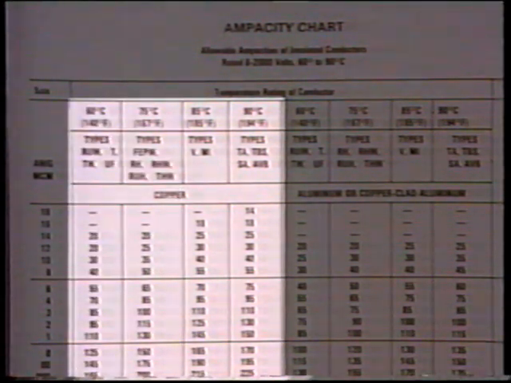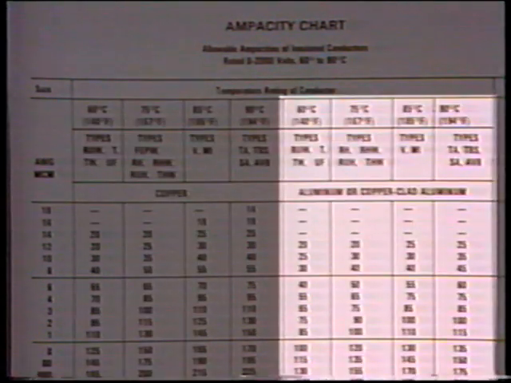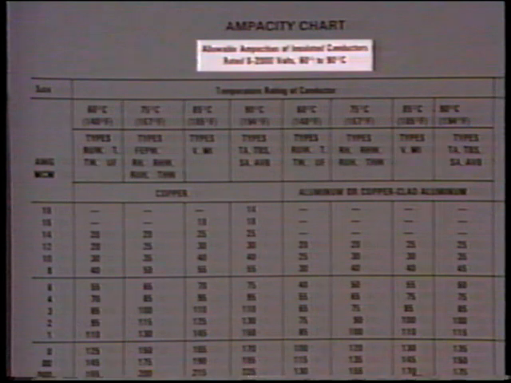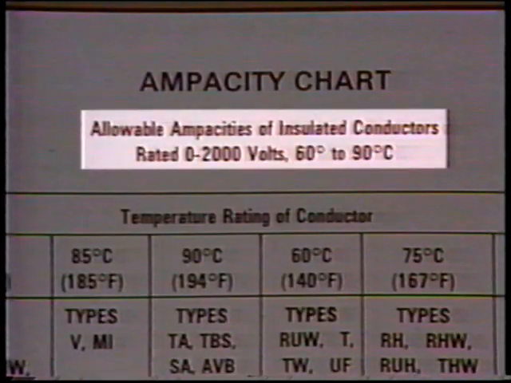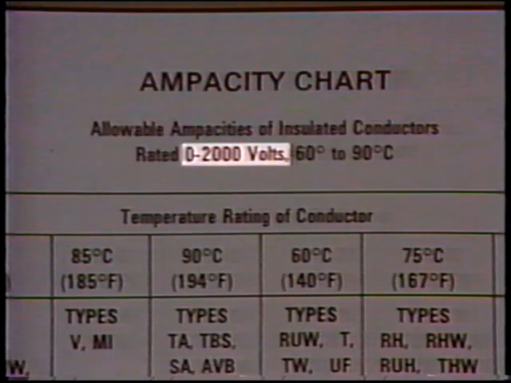Now, all 4 of these columns we've just looked at apply to copper conductors. The remaining 4 columns, which make up the other half of the chart, apply to aluminum or copper-clad aluminum conductors. Up above these columns, there's a general statement on the voltage ratings for these conductors. The chart rates each insulation type at 0 to 2,000 volts.